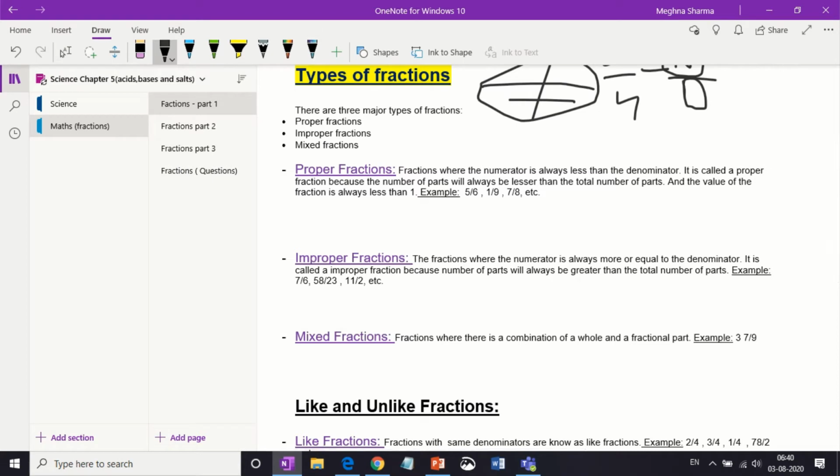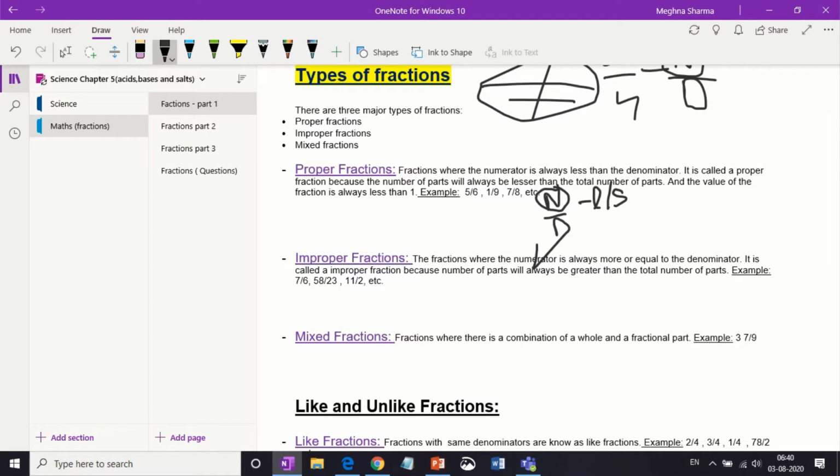In proper fractions, as I told, the numerator can be greater or smaller than the denominator. In proper fractions, the numerator will always be smaller than the denominator.